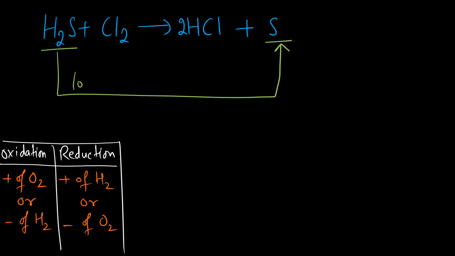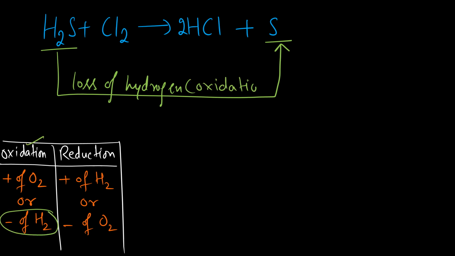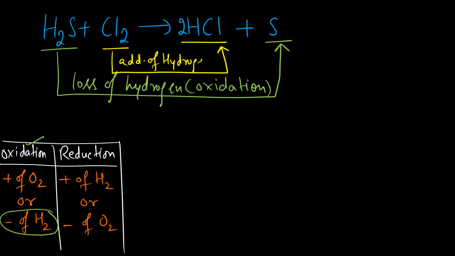That change corresponds to loss of hydrogen, so it corresponds to oxidation. Now what else do we have? We have chlorine going to hydrogen chloride. In this case you may see addition of hydrogen, so it corresponds to reduction.